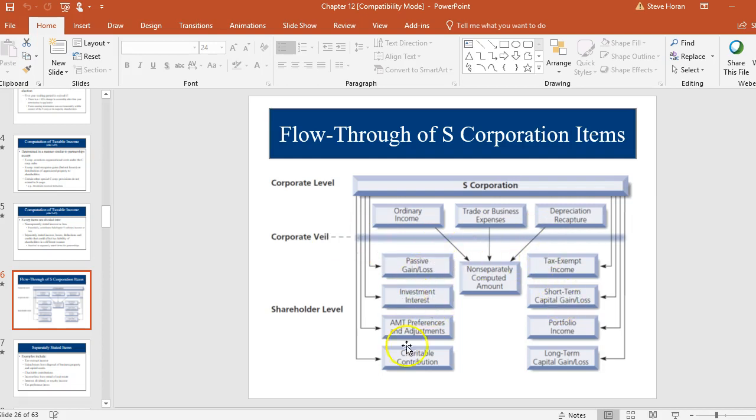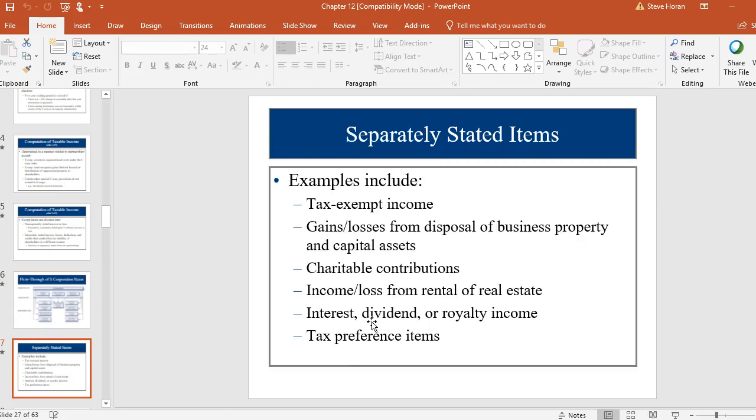All these items down here are computed more at the shareholder level, and they are separately reported so the shareholders know what their portion is to put on their individual returns. This same chart is on page 11, so make a note that page 11 has the same information. This is just a good list of the separately stated items. They should look familiar.